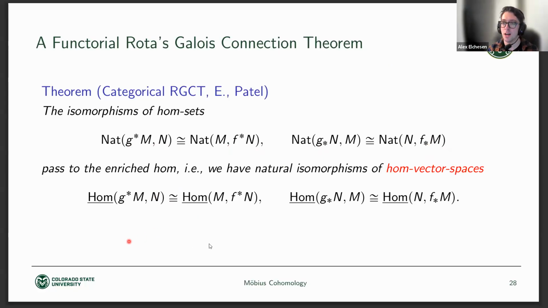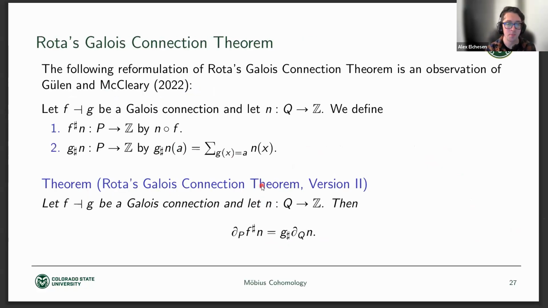So these enriched hom vector spaces that we introduced earlier. This is what we're calling the categorical Rota's Galois connection theorem. So maybe this one on the left specifically, I claim that this contains, as a special case, this statement here.